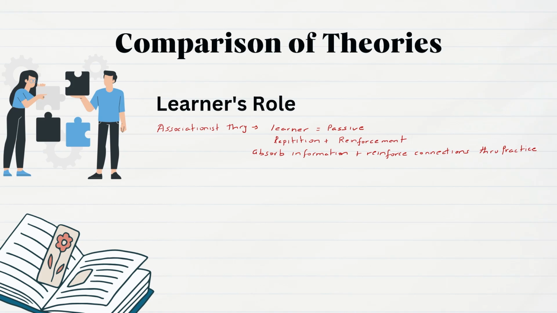For example, a student learning multiplication tables through rote memorization is mainly absorbing information that is presented to him or her by the teacher. Next, when we take a look at the learner's role in constructivism, we see that the learner is an active participant.